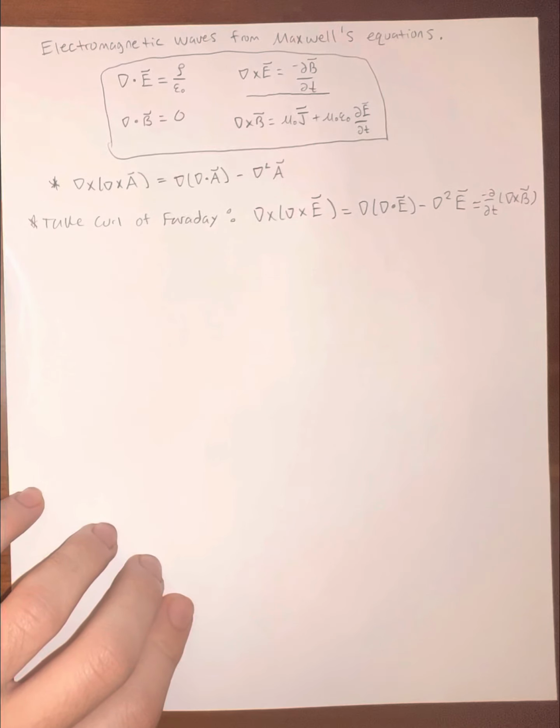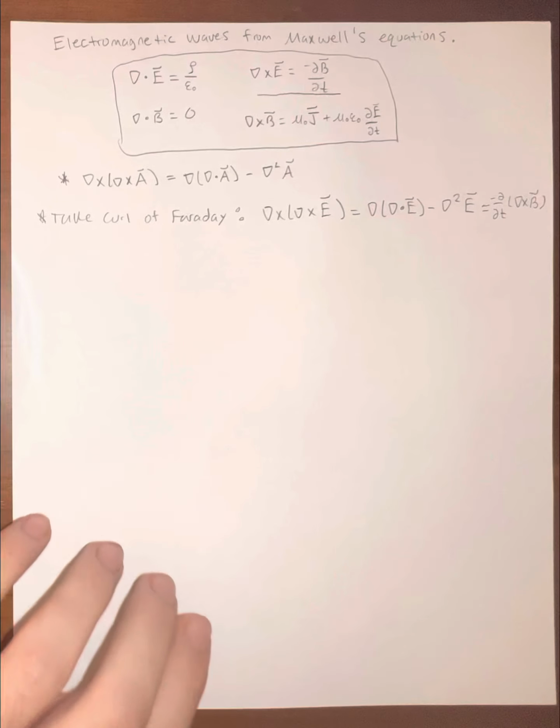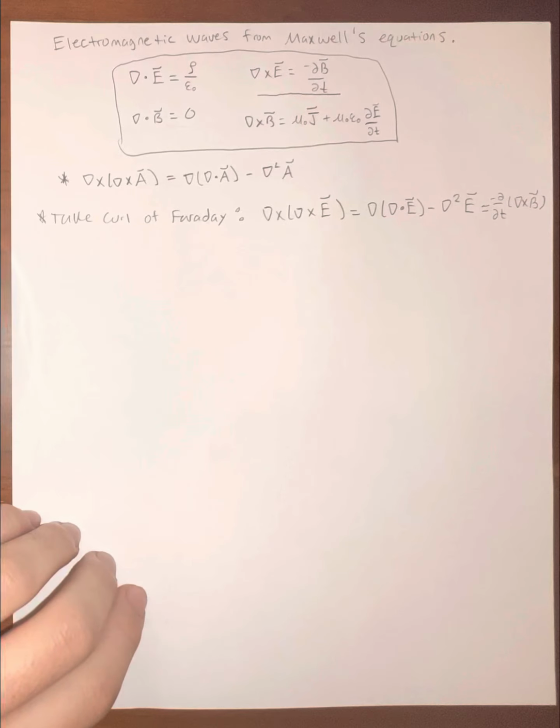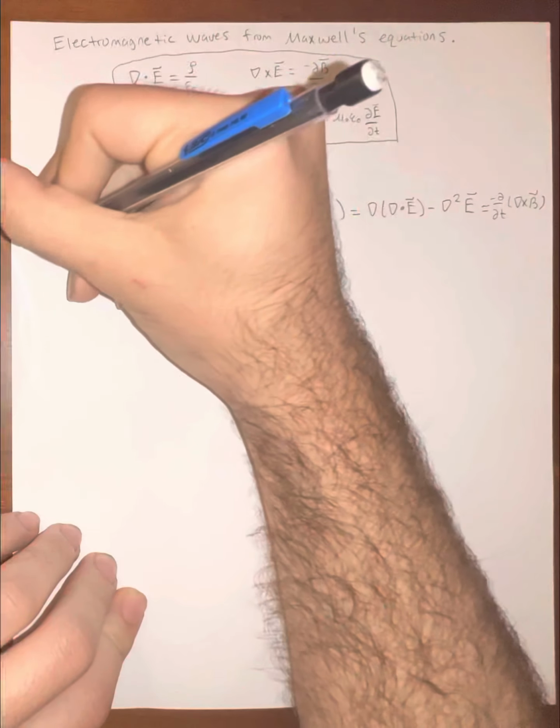And now we're going to make the assumption that we're in a vacuum. So there's only the fields. There's no charges or currents. So rho and J, the current density, are going to equal 0.